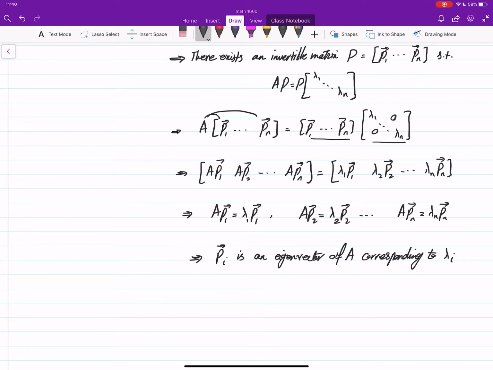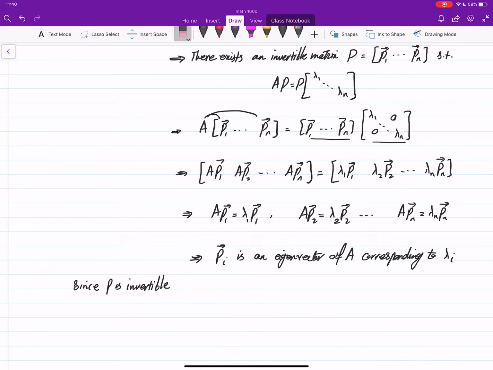But you have to note that P is invertible. Since P is invertible, all its columns are going to be linearly independent.